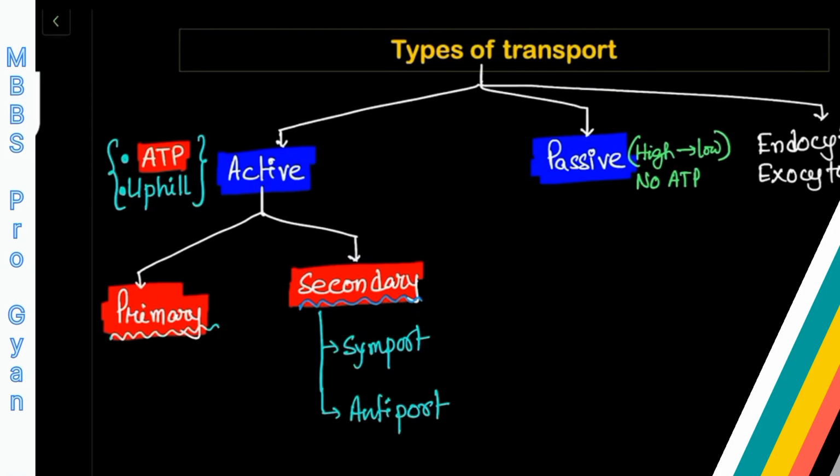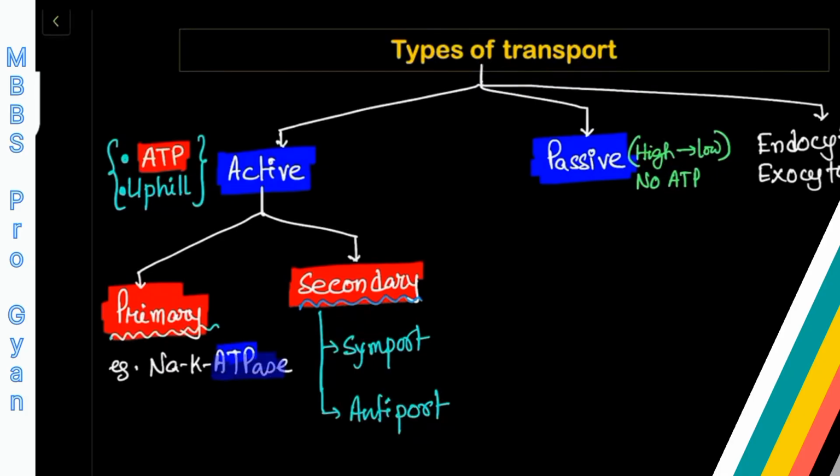First remember that primary active transport means, if I give an example, any transporter or carrier protein where the name is attached with ATPase, all of you know this, sodium potassium ATPase. This is a carrier protein, so it will have the three properties: saturation, competition, stereospecificity.